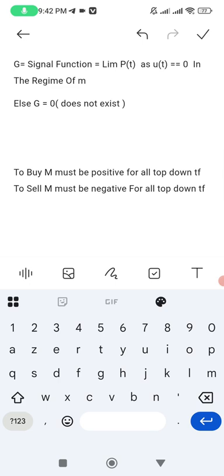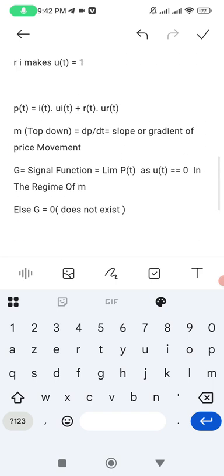Okay, so when M is positive, then the signal function must hold. That means U of t must approach 0, allowing the impulse function to exist. So this U of t you are seeing here should be U of t subscript R, meaning that U of t in the direction of the retracement should be 0, so that the retracement will be eliminated.